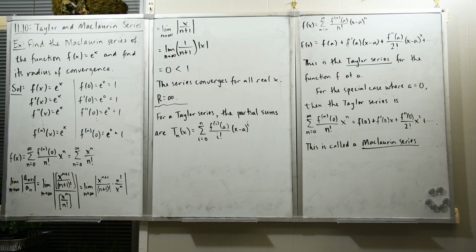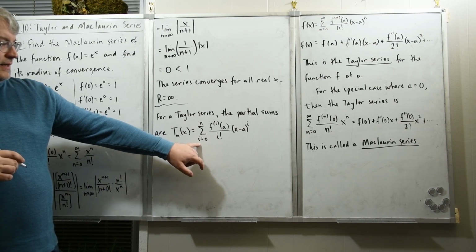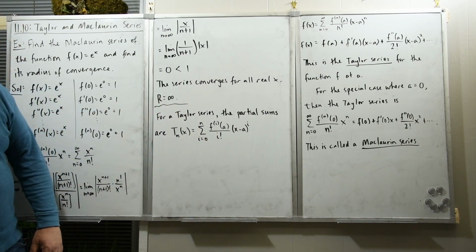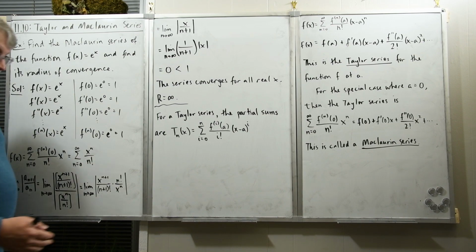So basically what we're saying is, let's take the index from 0 all the way to n, add all those terms together, and that'll be the partial sum that we refer to as t sub n of x. Now this is a polynomial of degree n.